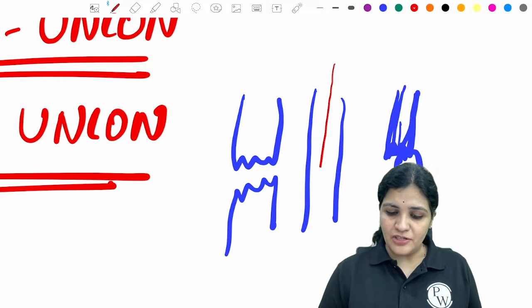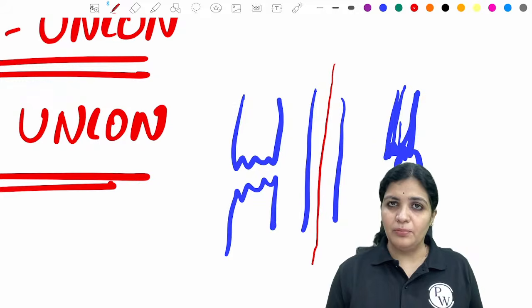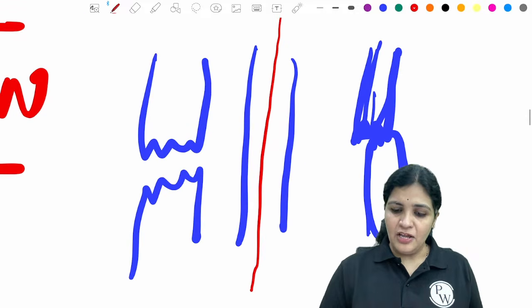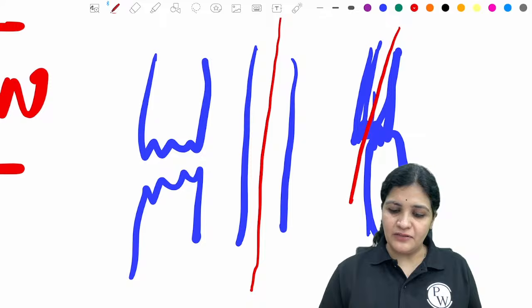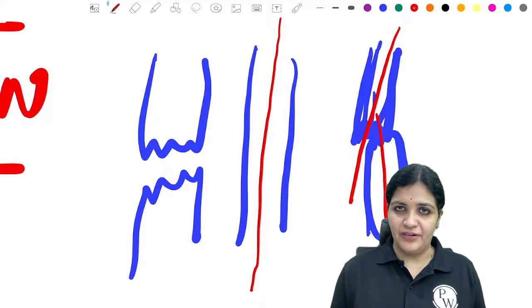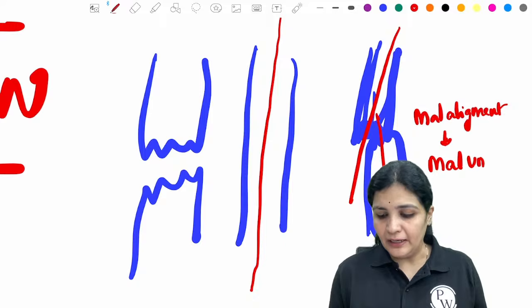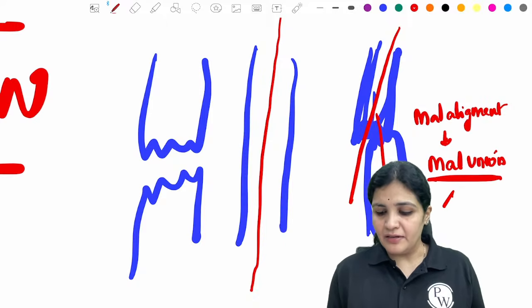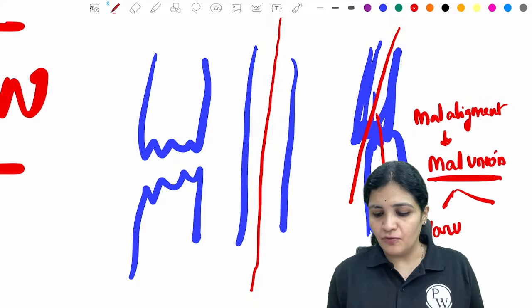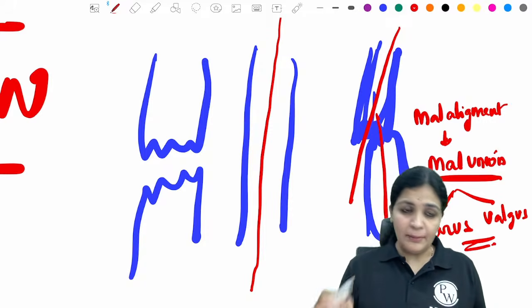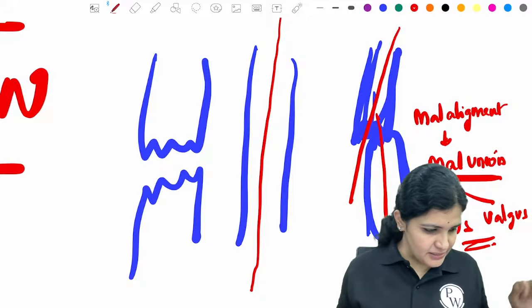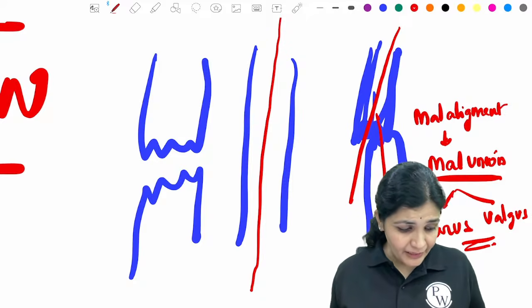The longitudinal axis of both of the fragments should be in the same line, right? But if you see, this axis is different, this axis is different. So this is called the malalignment of the fragments. That is nothing but your malunion, and this malunion can result in either a varus deformity or a valgus deformity, depending upon that particular malalignment, right?